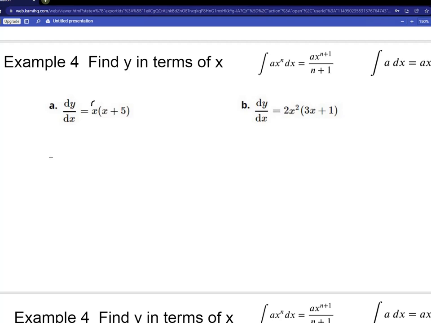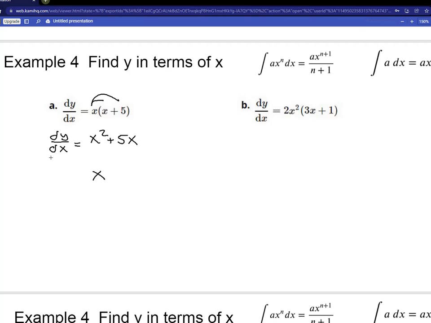what would happen if I multiplied this? What would I get? You'll get x squared plus 5x. And see, in this case, I'm changing it so I can see what the powers are. Does that make sense? Yeah. So we're not going to use the reverse chain rule just yet. So what would I get when I do the integral of this?